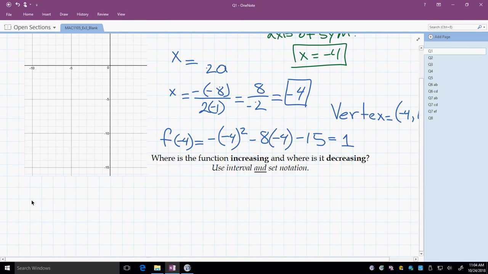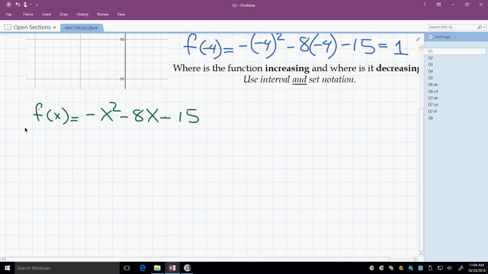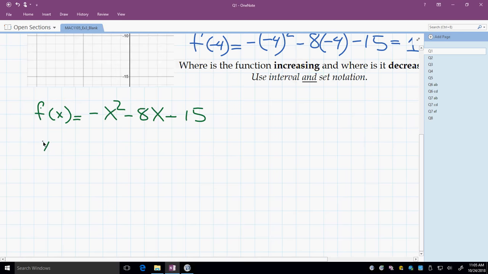I'm going to rewrite the function. Negative x squared minus 8x minus 15. Now, to find the x-intercept, we're going to substitute our y for 0.